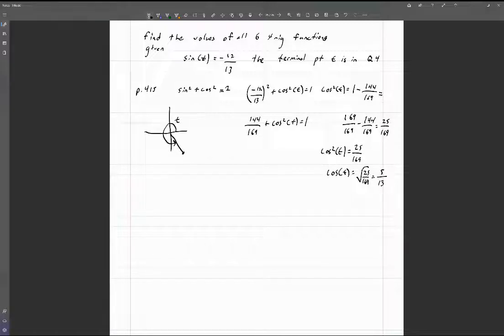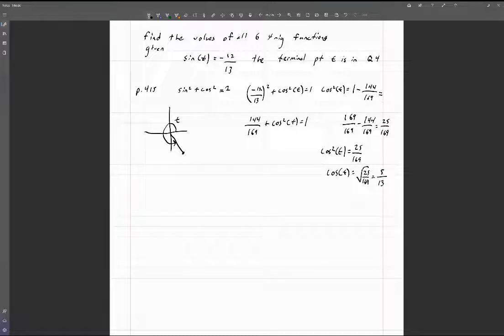In quadrant 4, y values are negative. Well, that's great because that agrees with the fact that we were told that sine is negative, and sine is the y value of a location. Cosine in quadrant 4 is positive because x values are positive, and cosine is the x value of your location.